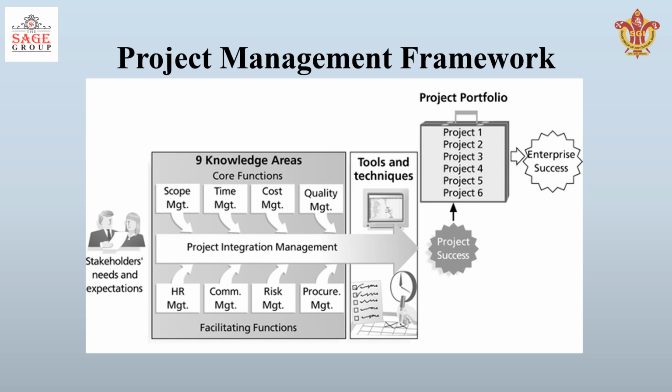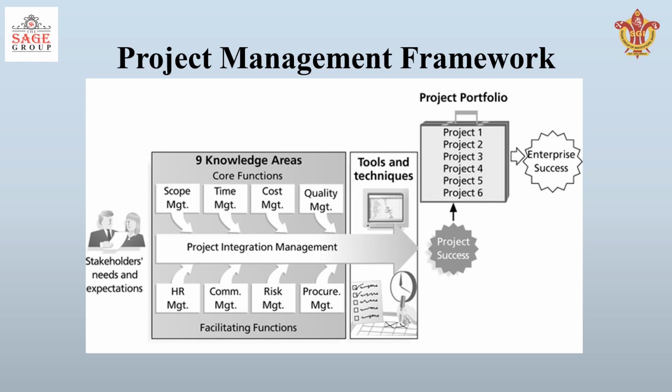Now these are the objectives or the guidelines given by the stakeholders or the customers. These objectives have to be accomplished by making use of the project management team's expertise and the resources. Now we can classify these into 9 core areas.